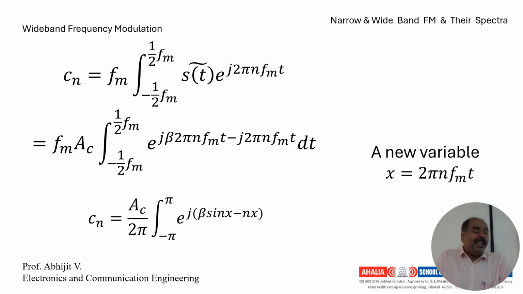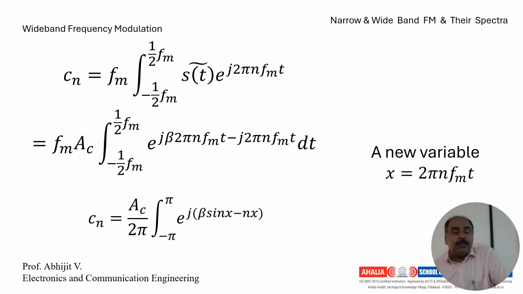So on expanding Cn, we already have defined that Cn is equal to fm times the integral from minus 1 by 2 fm to 1 by 2 fm of S tilde of t e raised to minus j 2 pi n fm t.